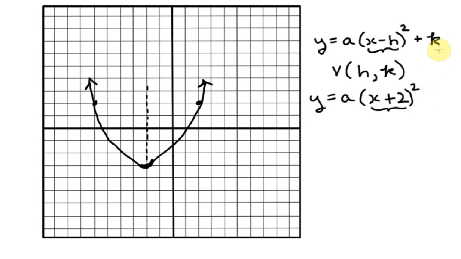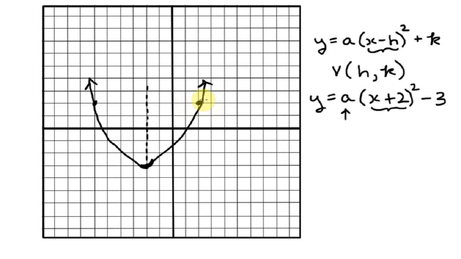The next thing is the number k at the end, and that one's a little bit easier. It's pretty obvious that we want to go to -3. So minus 3. Now that gives me almost everything in the equation except for a. This is the only thing that I didn't figure out. And to figure that out, we simply take one of these points.